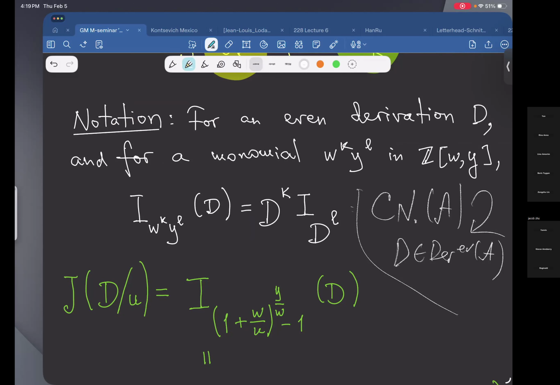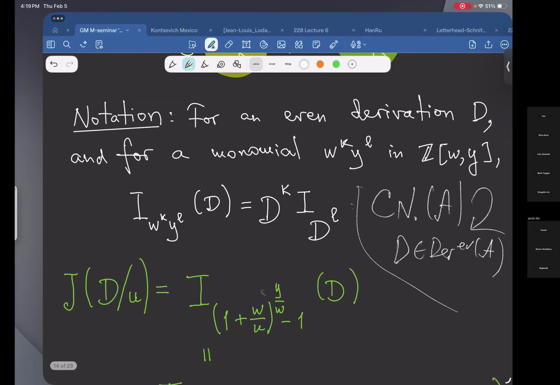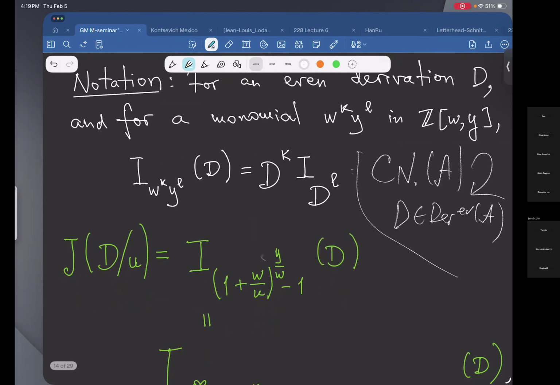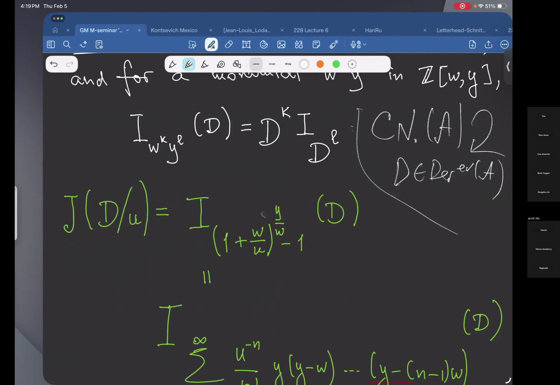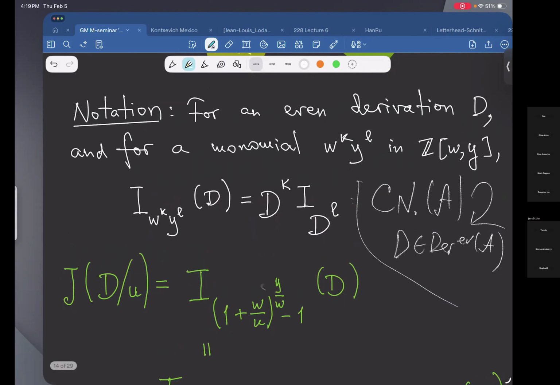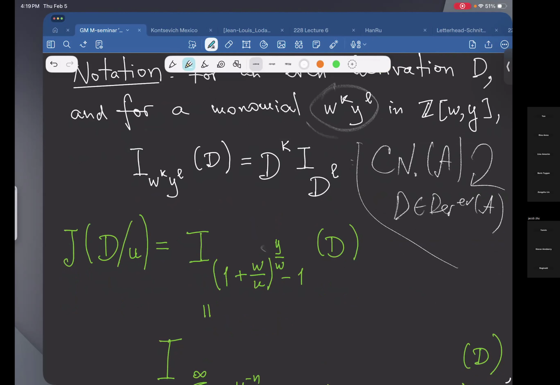Now, to construct my J, let me involve this U like I do in Gauss-Manin, because again, it's kind of intriguing, I would say. So it will be a sum, something corresponding to a sum of monomials. So some function in W and Y, and also U dependent. What function? Here is the function.